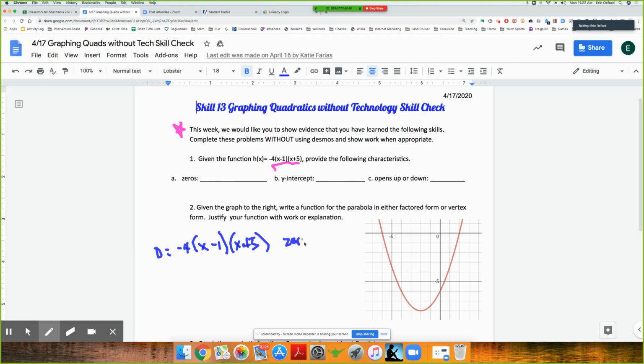Zero product property. And basically what that means is that if you have two numbers, let's use two different numbers, not x.